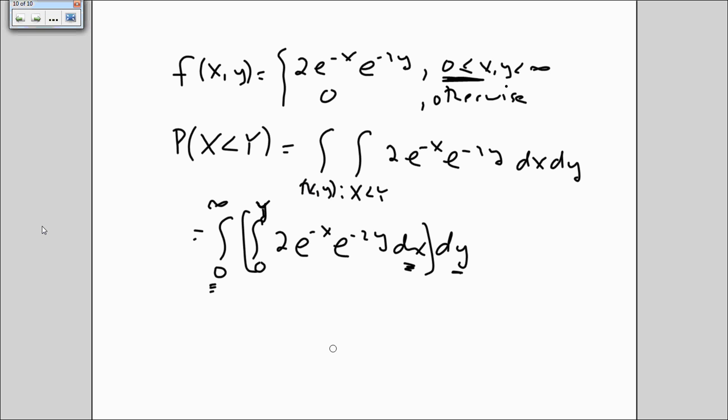Just do the easiest way. Otherwise, we'd have to say y minus epsilon, and then take the limit as epsilon goes to 0, where epsilon is positive.